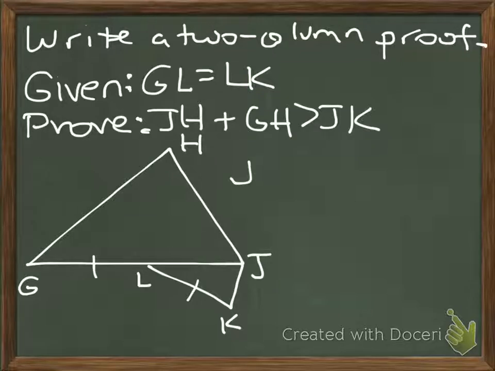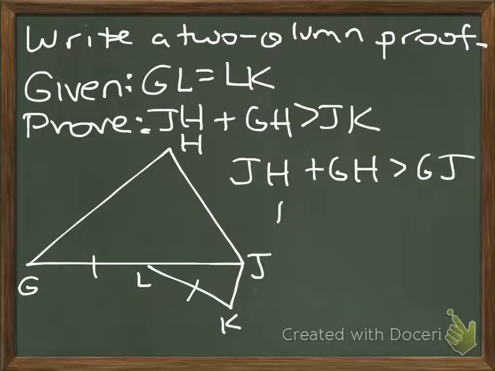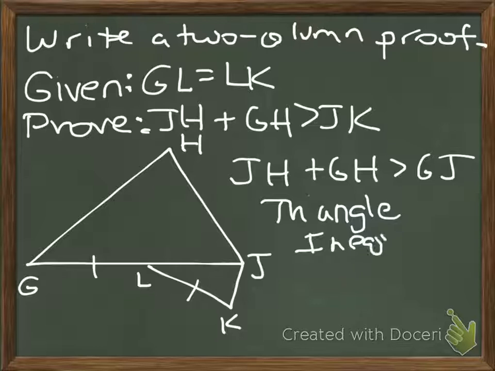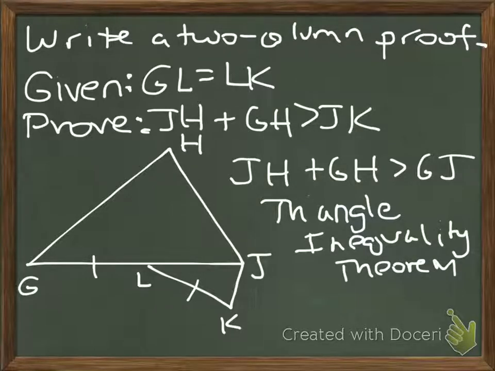Besides the given, if we're going to do a 2-column proof, we're going to do JH plus GH, and that is on the big triangle. The third side is going to be GJ. So with the triangle inequality theorem, it has to be greater than GJ. That, besides our given, is going to be our first step.